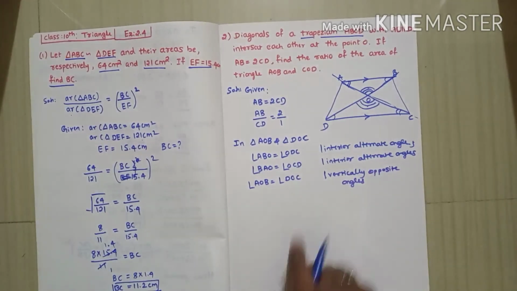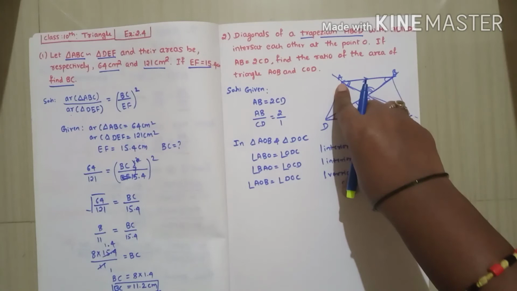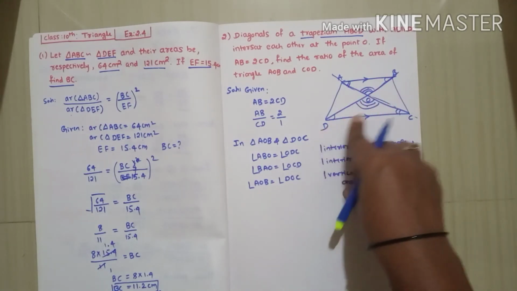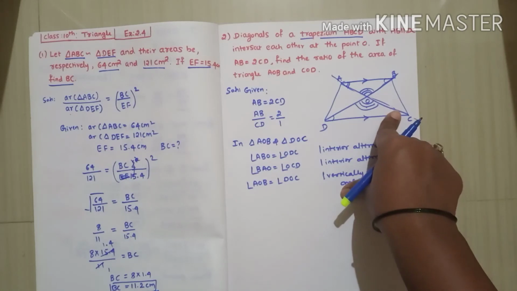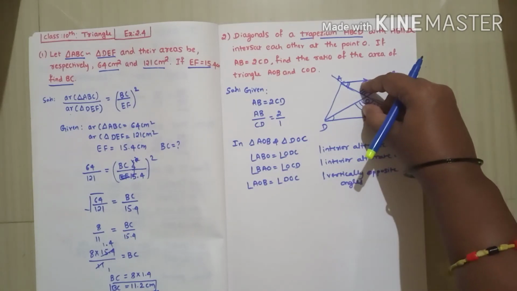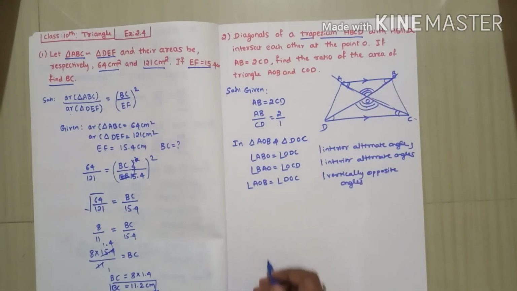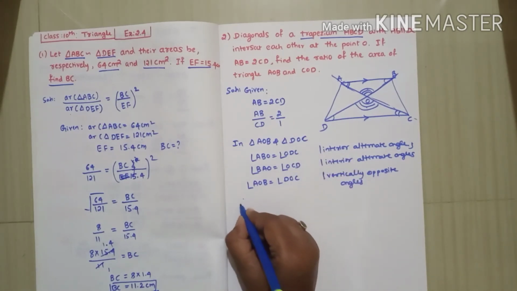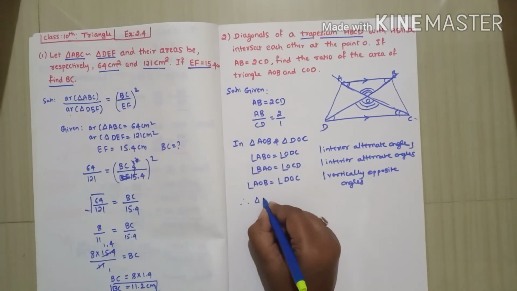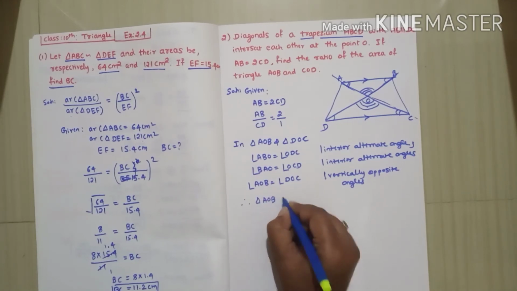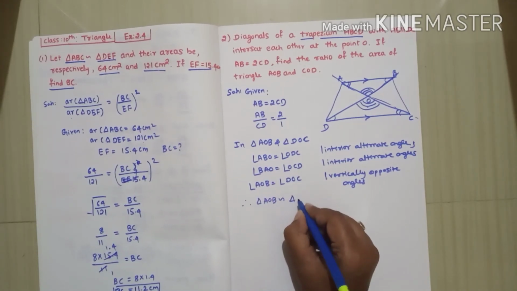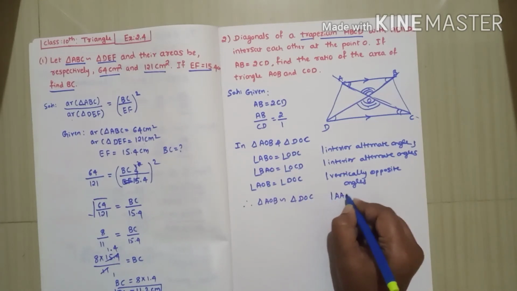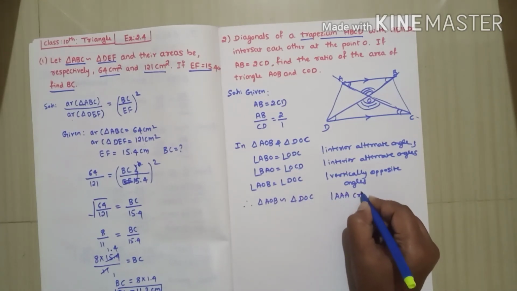Now all the three angles of triangle AOB are equal to all the three angles of triangle DOC, which means we can say these two triangles are similar by AAA criteria. Three angles also we proved here. Therefore triangle AOB is similar to triangle DOC by AAA criteria.